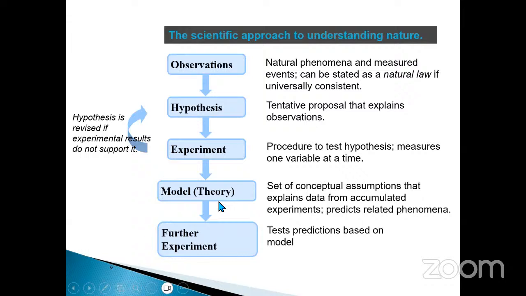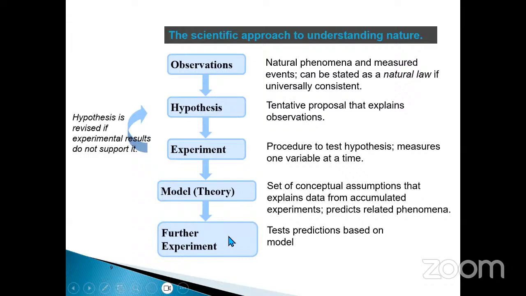Now, one thing I did mention, which is also a very important step in the scientific method, is that when you end up with your theory, that does not necessarily mean that's the end of the story, all right? In fact, somewhere on this planet, you might have a scientist tinkering in the lab, testing the theory that was basically developed by somebody else, right? So there's further experimentation that can be done with the theory.